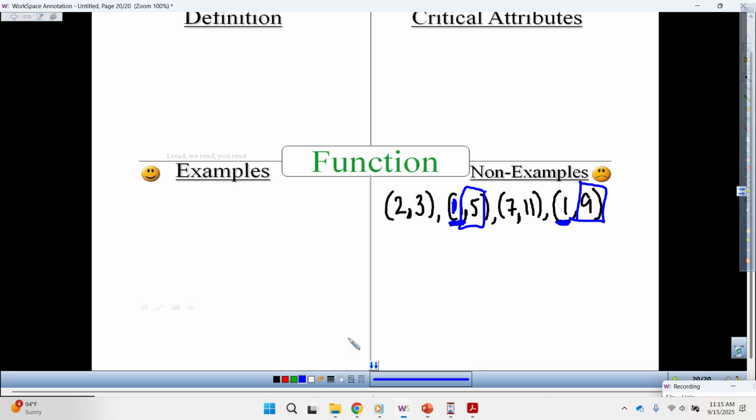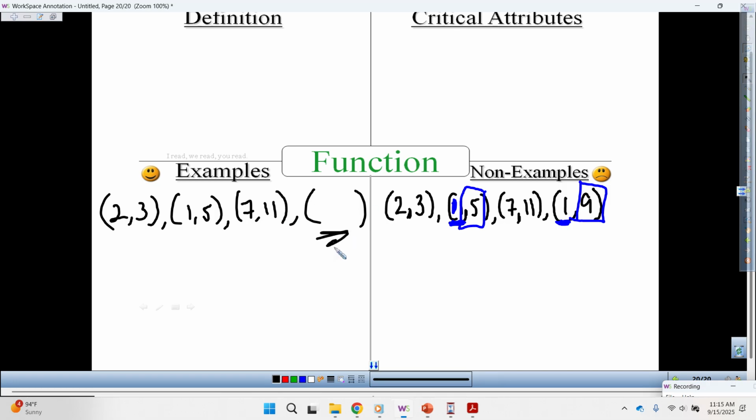So therefore, look up. 2, 3; 1, 5; 7, 11. Tell your neighbor what I would write here to make it a function. All right, what would we write there?